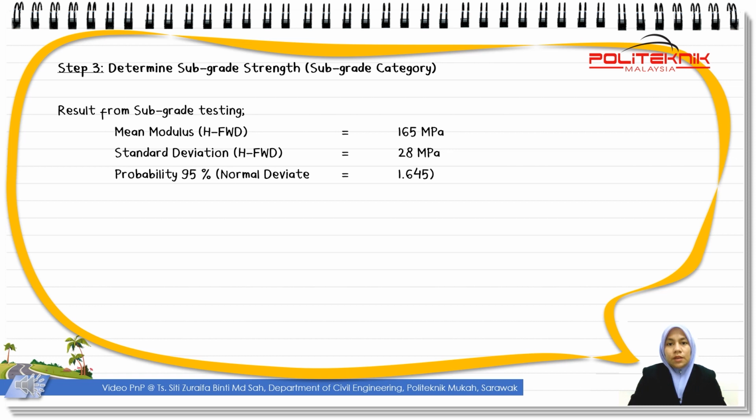Step 3. Determine subgrade strength, subgrade category. From the subgrade testing results, you can calculate the characteristic CBR value used for design by using the following formula.